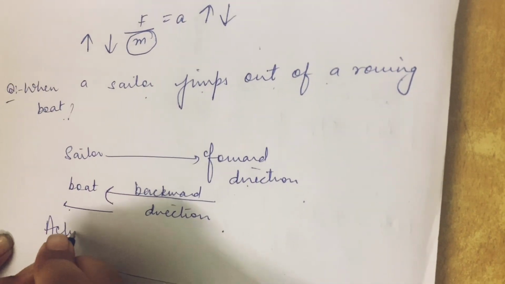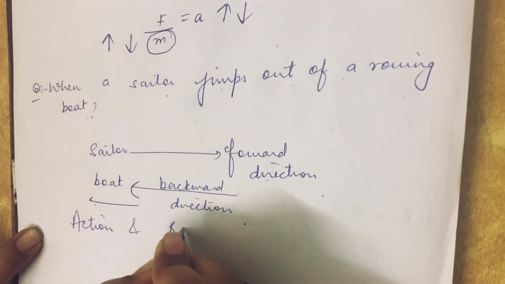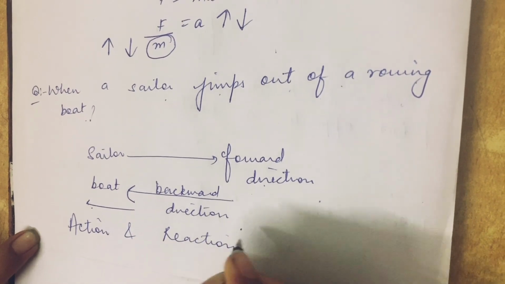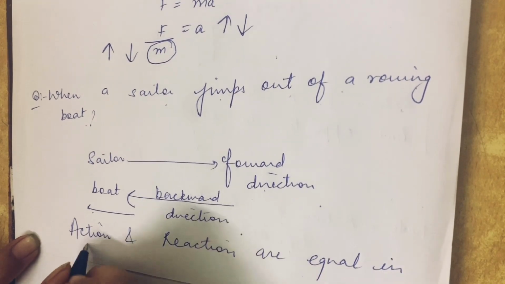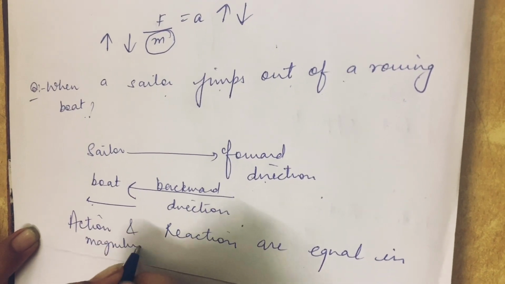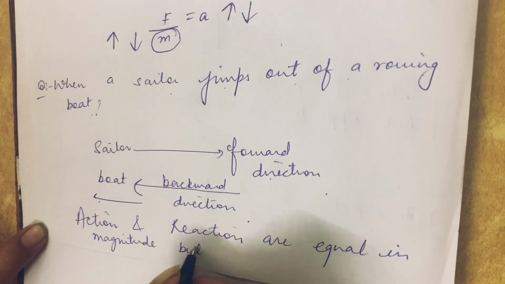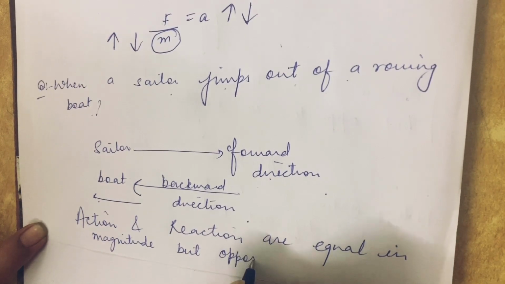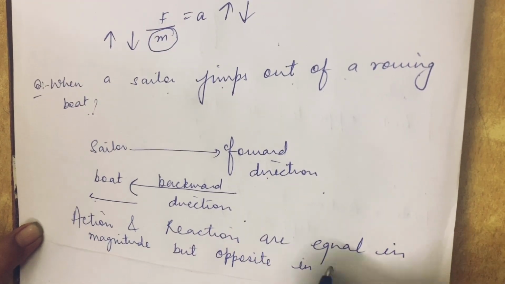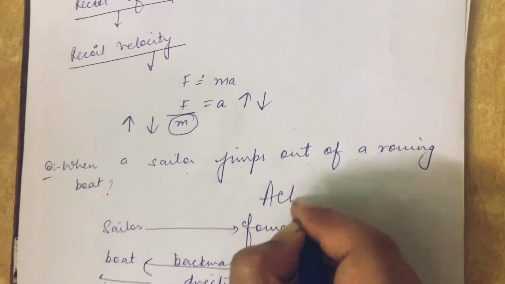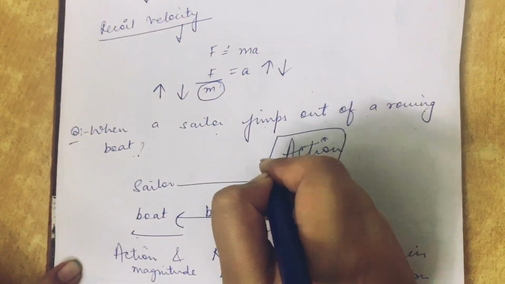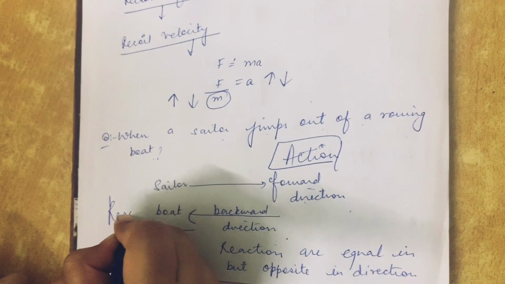So here you can notice that in this example and in the previous example, they both mean the same: action and reaction are equal in magnitude but opposite in direction. If the sailor is coming out, that is action, and the boat moving backward is reaction.